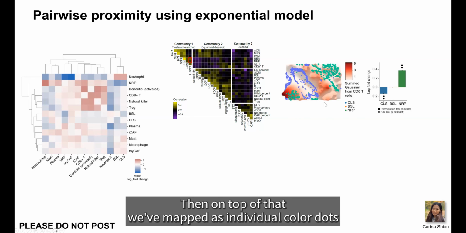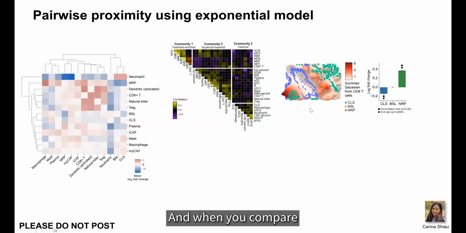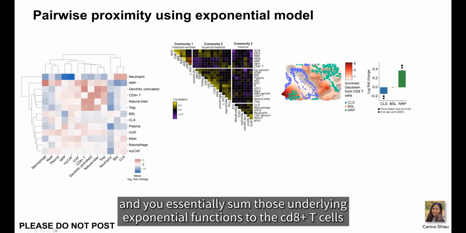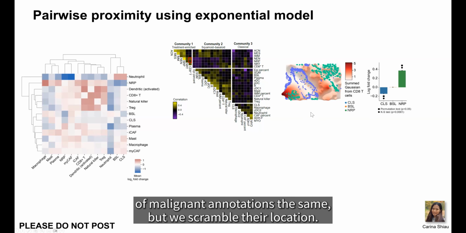Then on top of that, we've mapped as individual colored dots malignant cells that have been annotated as classical, basal, or neuro-like. And when you compare the location of each of these cancer cells, you essentially sum those underlying exponential functions from the CD8 T cells and compare them to a null distribution where we keep the proportions of malignant annotations the same, but we scramble their location.